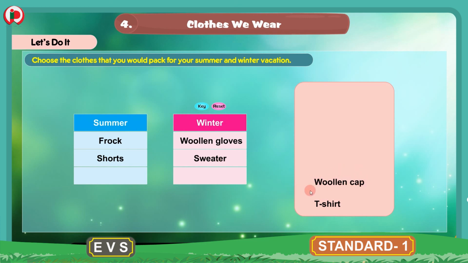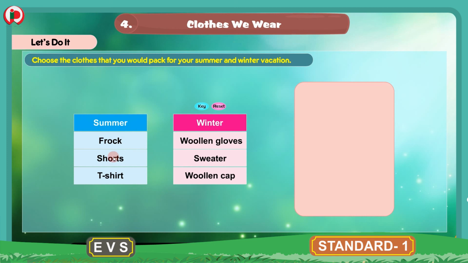Next is the woolen cap. Woolen cap we wear in winter season. So we will write under winter column woolen cap. The next is t-shirt. In summer we wear t-shirt. We will write t-shirt in summer column. So these are the clothes we wear in summer season.